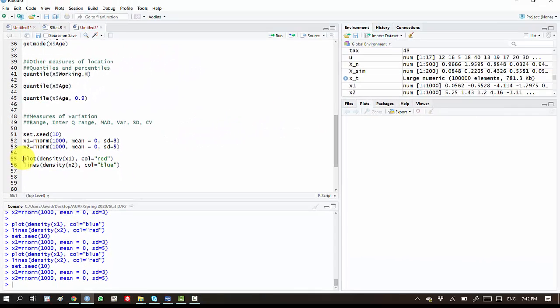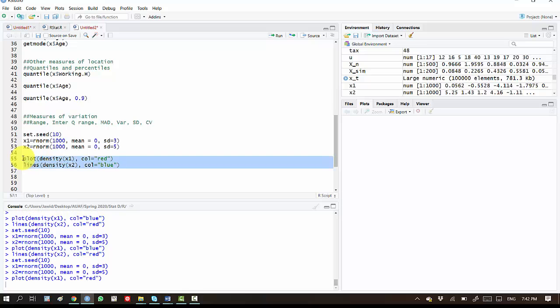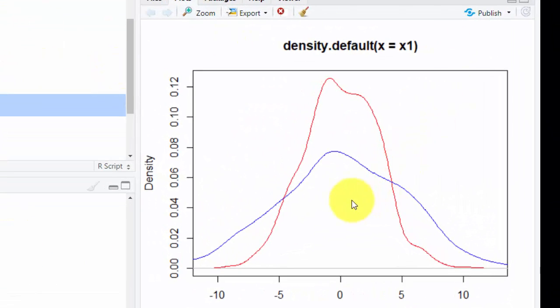Okay, let's plot the two. Now you can see the red graph is x1, whose standard deviation is 3, and the blue one is x2, whose standard deviation is 5.